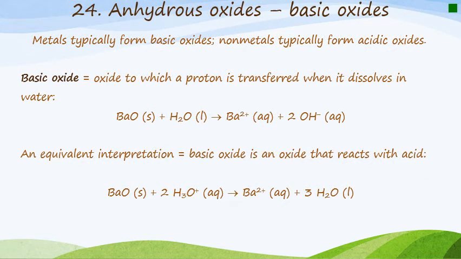A basic oxide is an oxide where a proton is transferred when it dissolves in water. For example, barium oxide in water forms a very strong base in terms of hydroxide anions, and if we react the basic oxide with acid, it gives us the cation and water molecules.